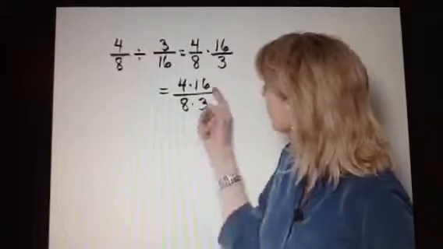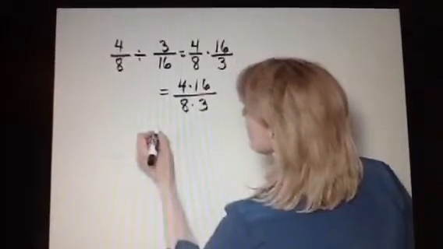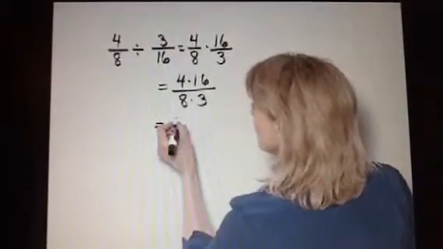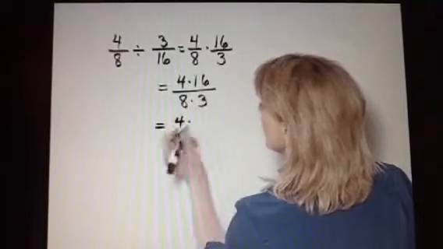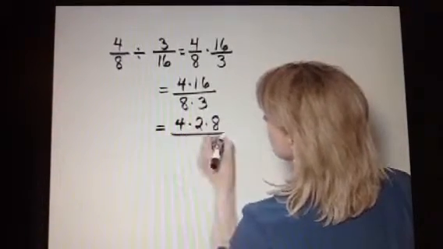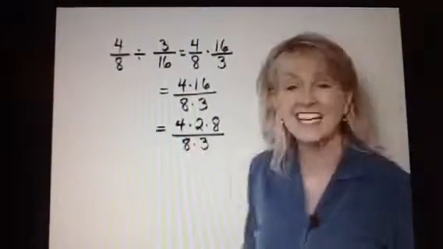Now, I noticed that 16 has a factor of 8, so instead of writing everything as a prime factorization, I'm going to write the 4 as 4, and then 16 I'll write as 2 times 8. And then down here in the denominator, I have 8 times 3.